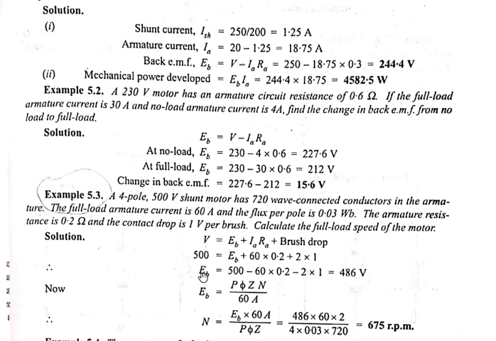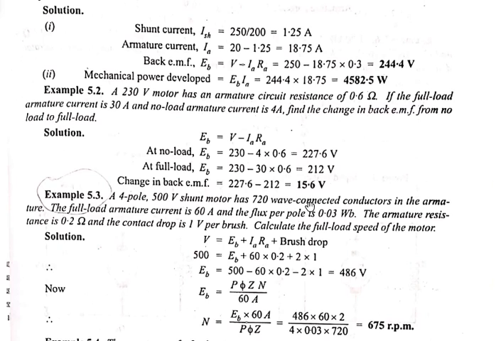Now we calculated the EB. We know the formula for the back EMF, which is same as the EMF equation of the generator EG. So EB is equal to P phi Zn divided by 60A. P is given number of poles, phi flux per pole is given 0.03 Weber, and the speed is the one we have to calculate, and EB we calculated.